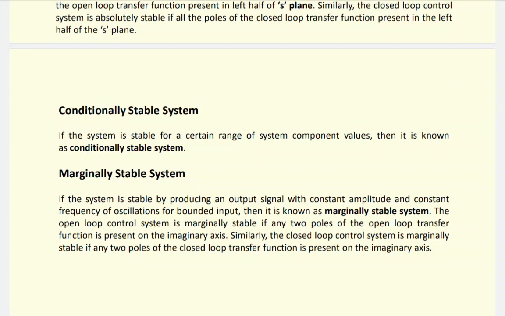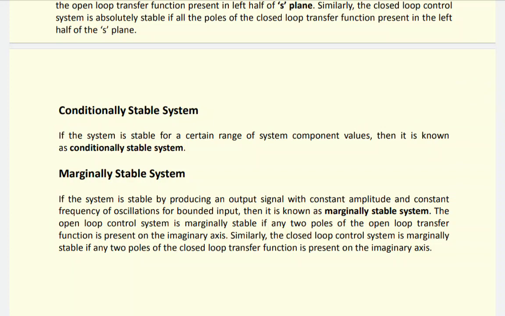And marginally stable means the system produces an output signal with constant amplitude and constant frequency of oscillations for a bounded input. In this scenario, the open loop control system is marginally stable if any two poles of the open loop transfer function are present on the imaginary axis.